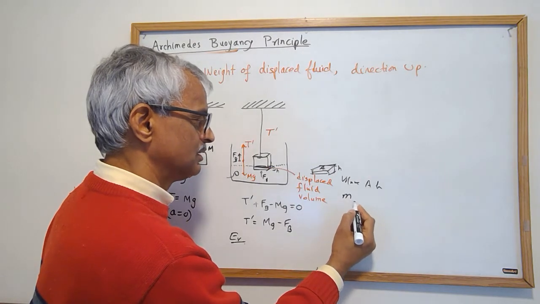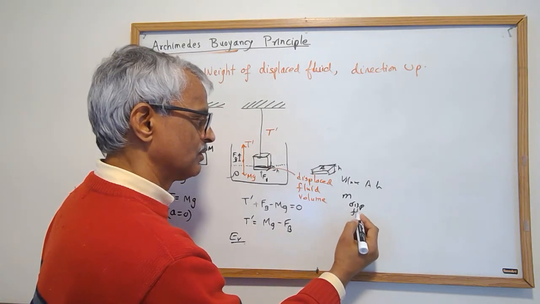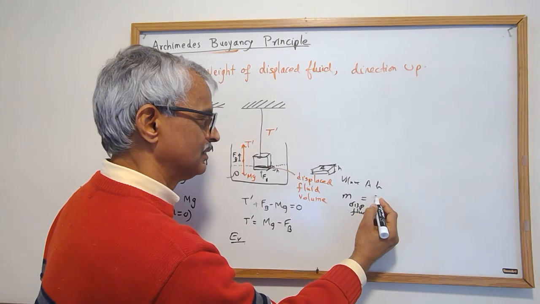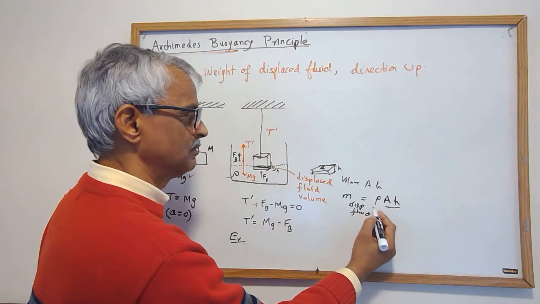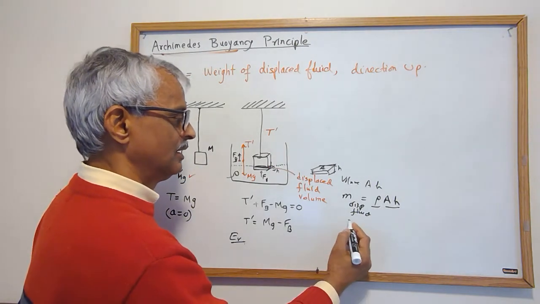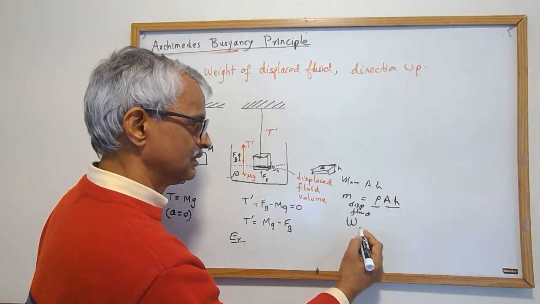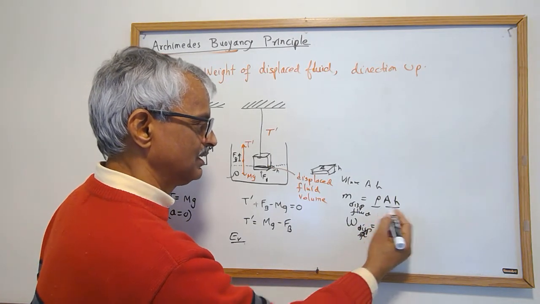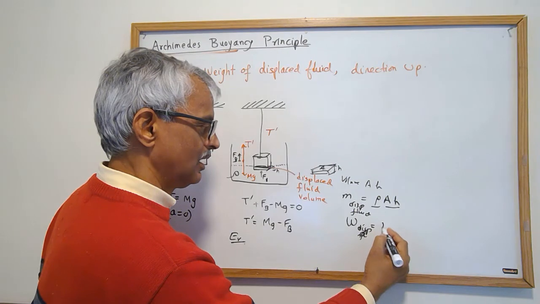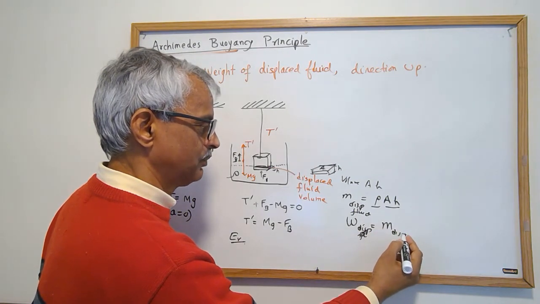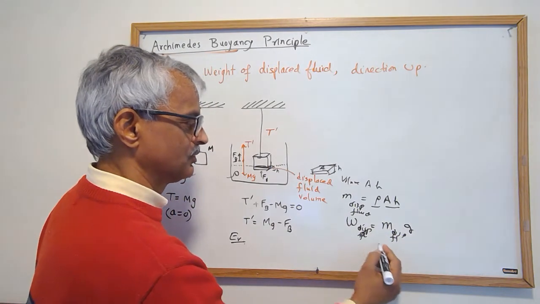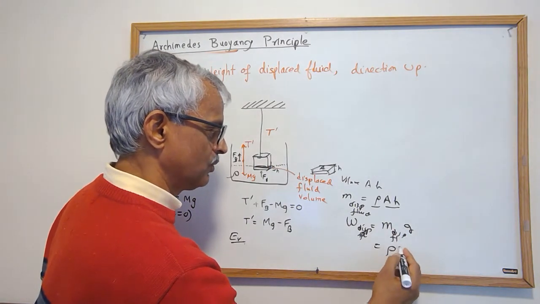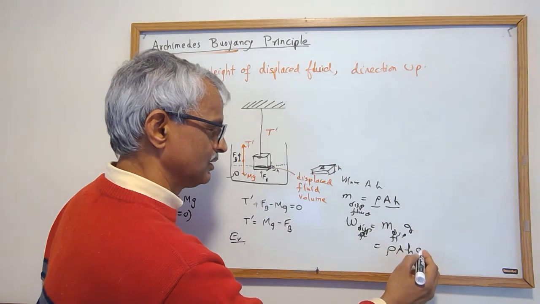So the mass of the displaced fluid is simply rho times A times h. This is the volume and this is the density. So the weight of the displaced fluid will be this times g. So if I write this whole thing out, rho A h g.